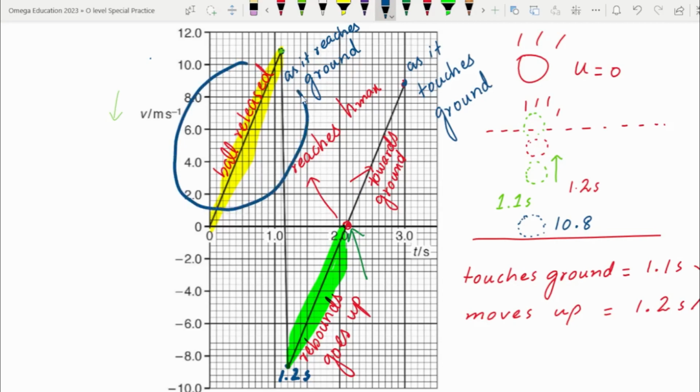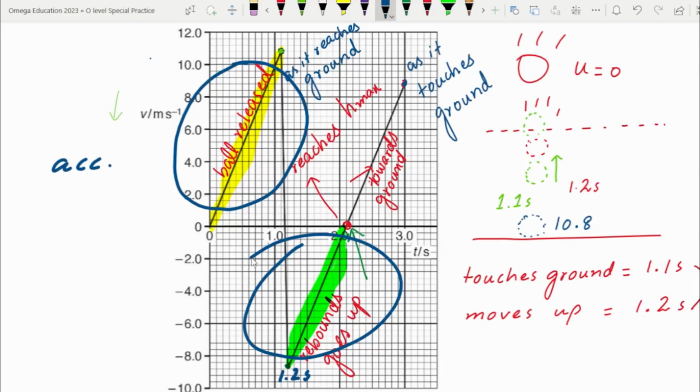But the thing is, this portion is representing when the ball is moving towards the ground and the velocity was increasing, so we call that in this stage the ball was accelerating. But this one is the portion in which the ball is moving upward. After the rebound, it's moving towards the same point. It may not be reaching the same point because some of the energy would be wasted, but it's trying to reach the same point.